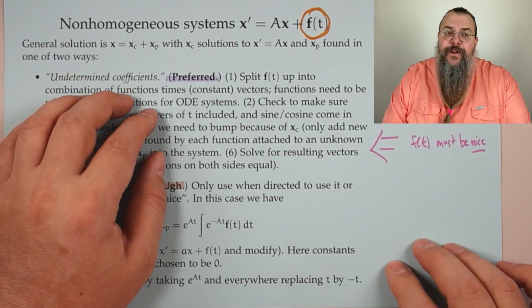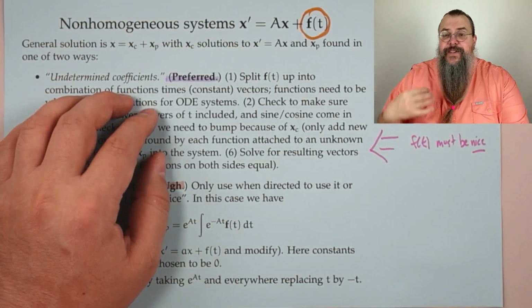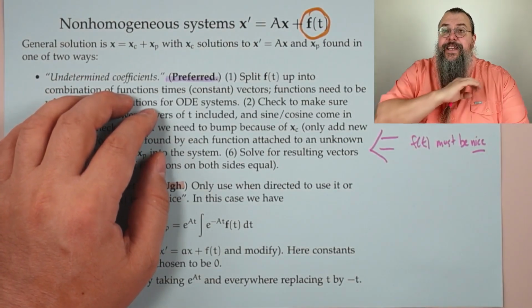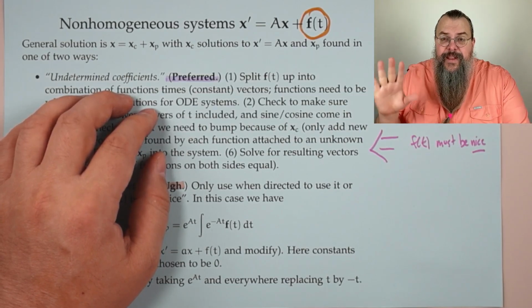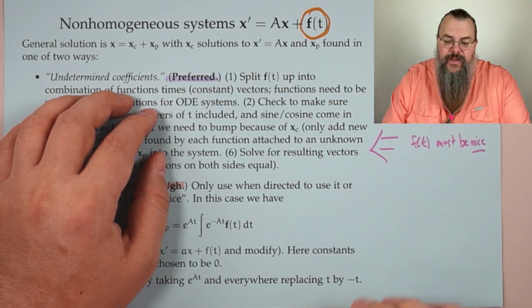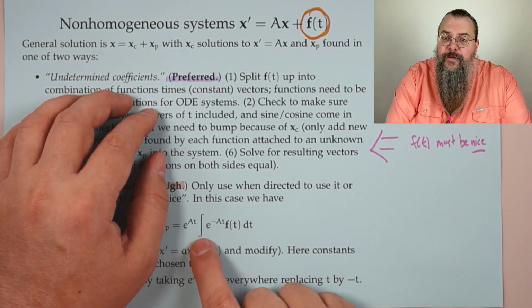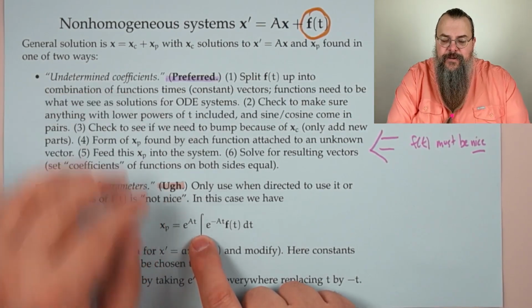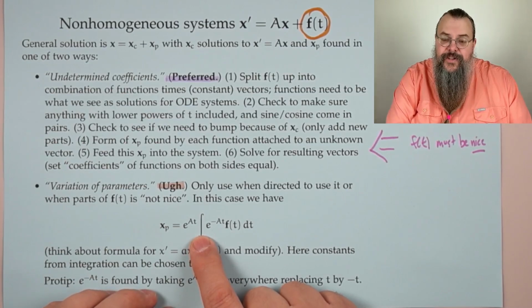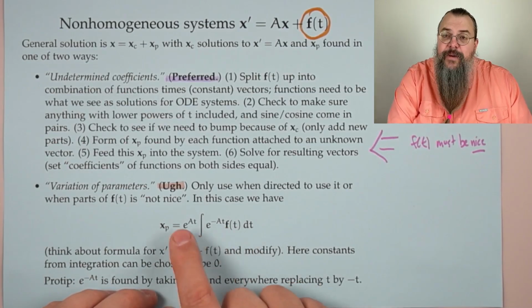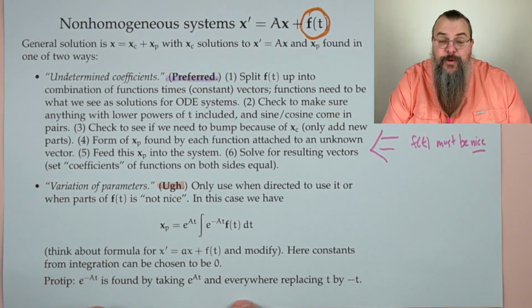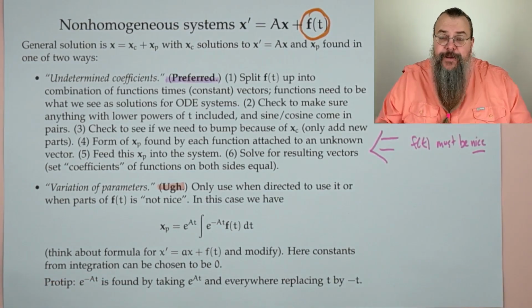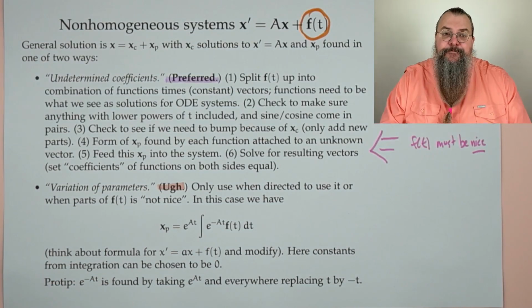In some sense, the reason why undetermined coefficients is a little bit easier to work with is it avoids calculus, and it's a little bit less computationally intensive. The avoiding calculus is that there's no integral in undetermined coefficients. The computational intensity is that you have to multiply by matrices. Multiplying by matrices takes time. We want to avoid that because oftentimes we might not have a lot of time.